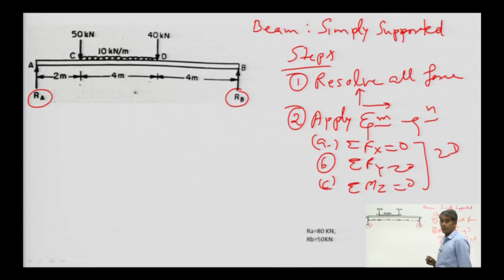And in case of space, it is 6. I have told you in my earlier classes. So, with the help of these two steps, we will calculate the value of support reactions RA and RB in this simply supported beam.